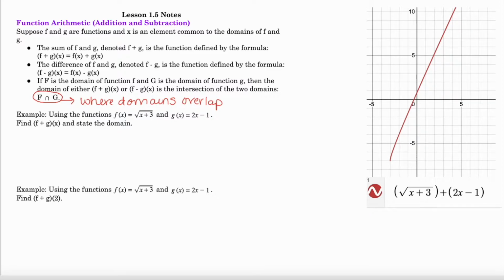When I'm looking at the square root of x plus 3, its particular domain needs to be greater than or equal to 0, because we know that square root functions can't have negative numbers underneath. So we're going to set x plus 3 greater than or equal to 0. And then as I solve, x will have to be greater than or equal to negative 3.